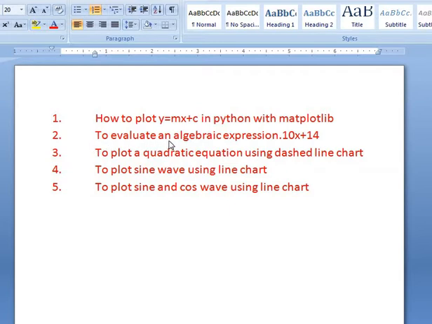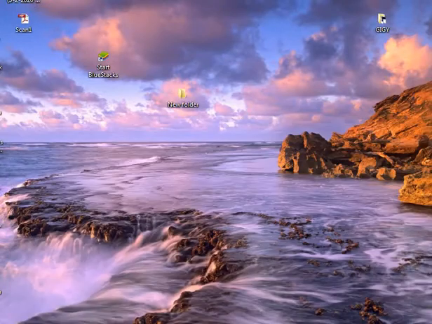Second, to evaluate an algebraic expression, that is 10x plus 14. Next, to plot a quadratic equation using a dashed line chart. Next, to plot a sine wave using a line chart. The last one is to plot sine and cos waves using a line chart. Okay, so we can study one by one.